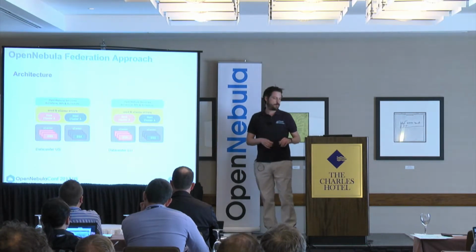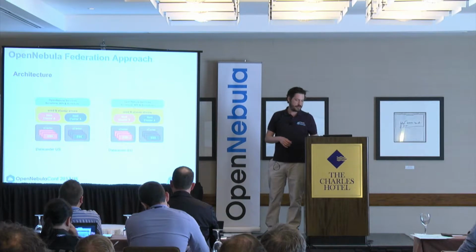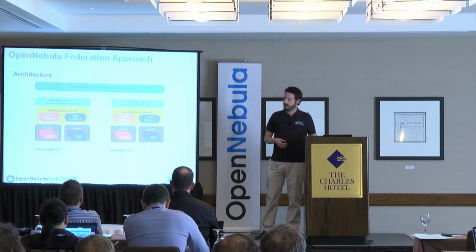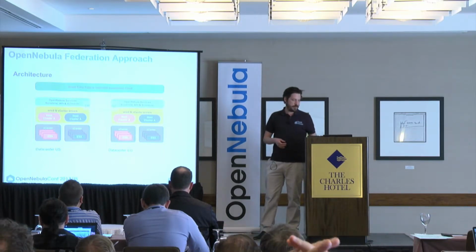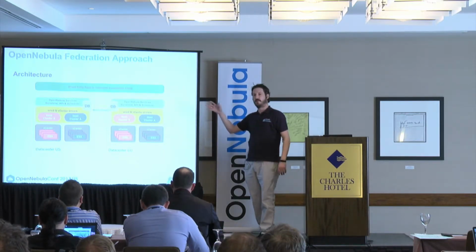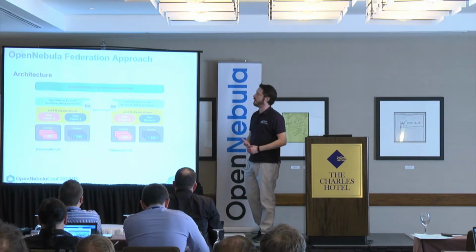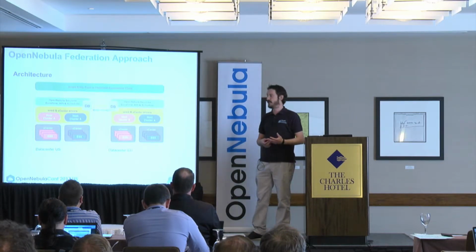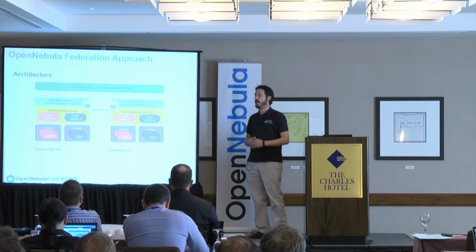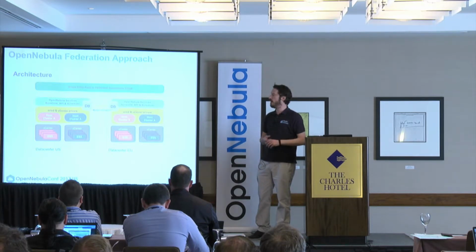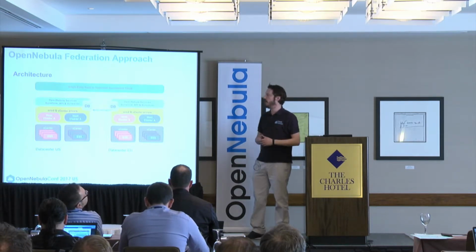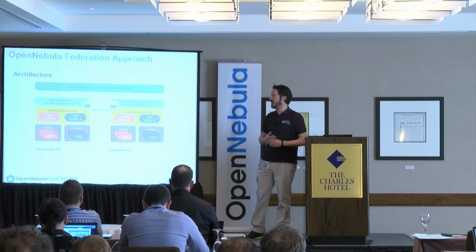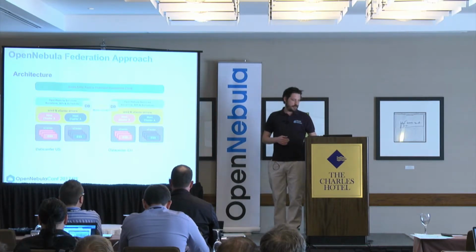So what OpenNebula does is building this federation, this single point of access to the cloud, but it's using database replication between these OpenNebula instances to federate the authorization table. So OpenNebula uses a user pool, a group pool, an ACL pool, and all of that is federated through MySQL replication.